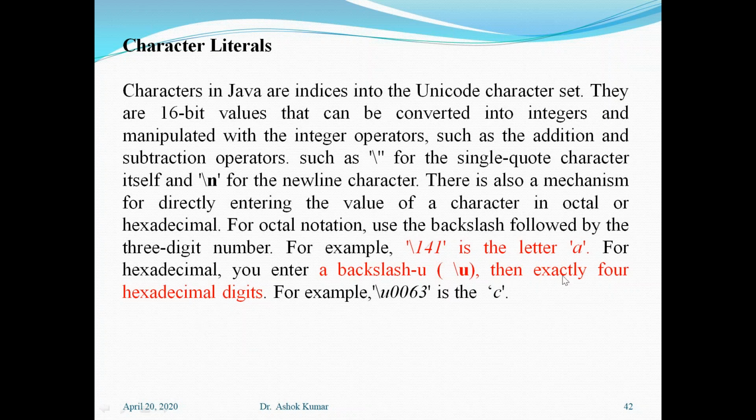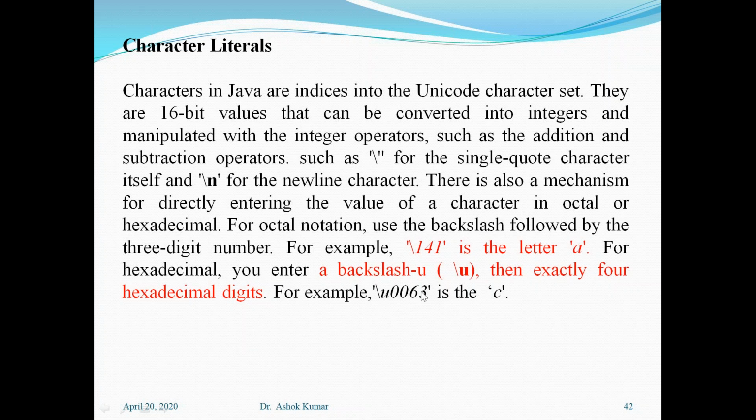Then if you want to use the hexadecimal notation to represent a character, you will use \u, and after that 4 digits, and those 4 digits will be treated as a hexadecimal equivalent. So 0063 is the hexadecimal code for the character.